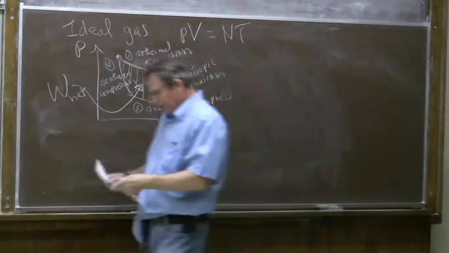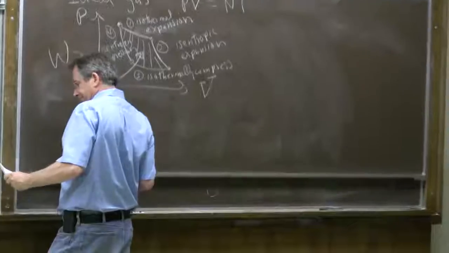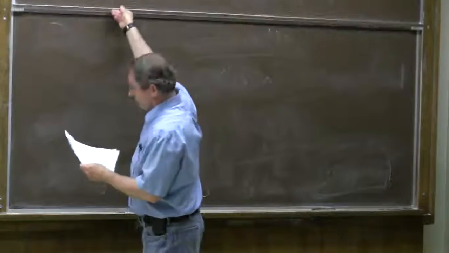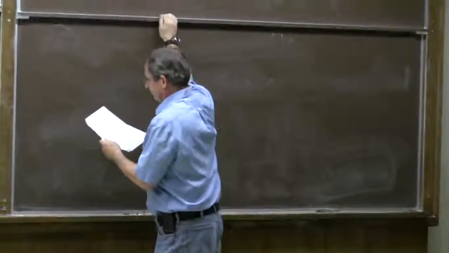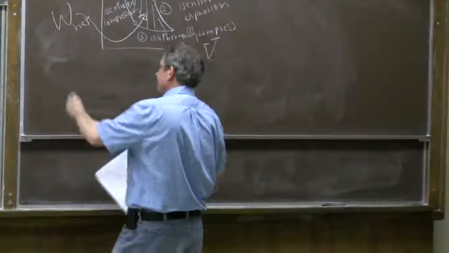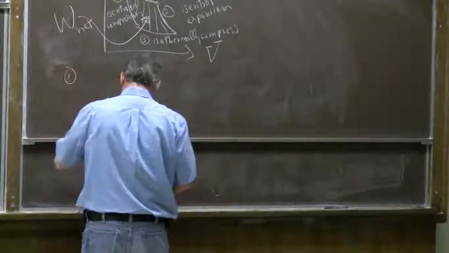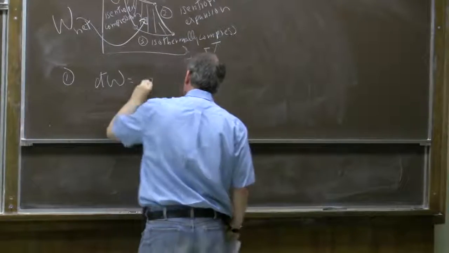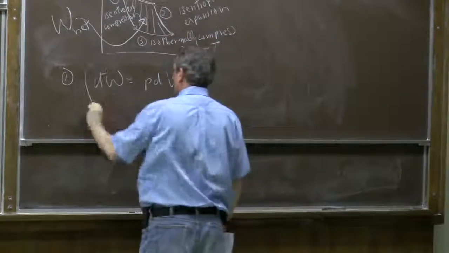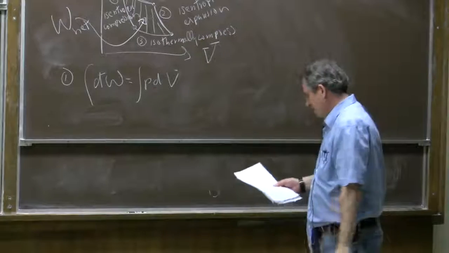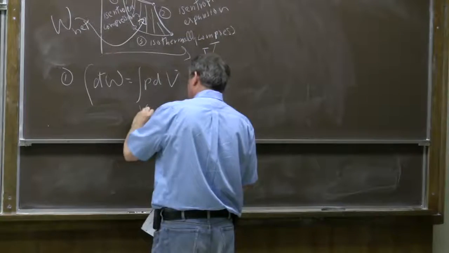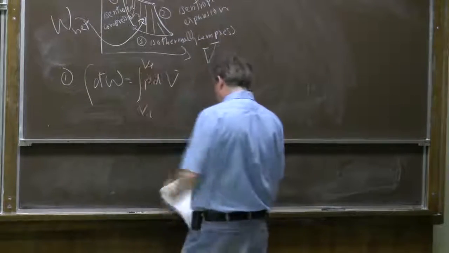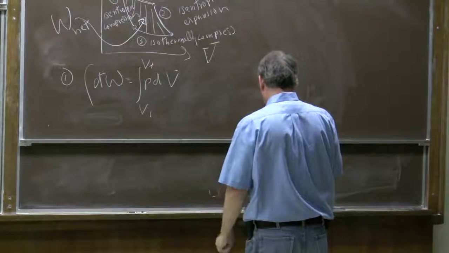All right, so how much work is done during the first stroke by the system? Well, dW is equal to PdV. I integrate that from the initial volume to the final volume during the expansion.